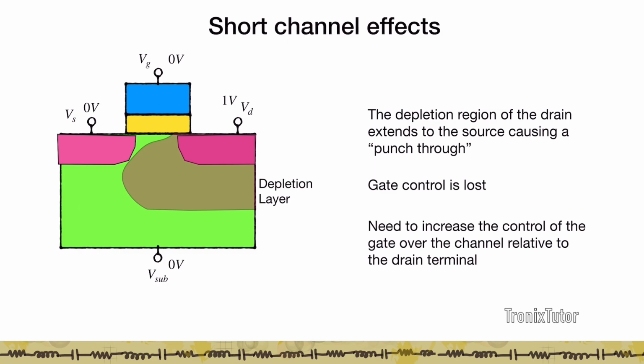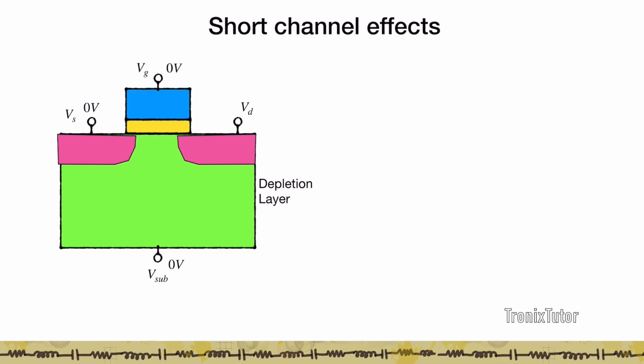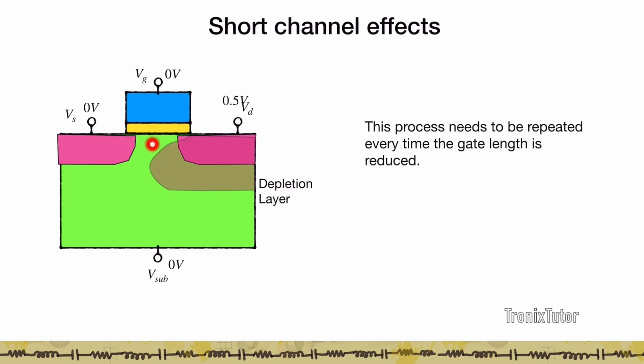Now to get this transistor back to healthy operation, you need to increase the control of the gate relative to the drain of the transistor. Right now, by just reducing the gate length, you have increased the effect of the drain on the channel, leading to the gate losing control. The simplest way to fix that was to reduce the oxide thickness.